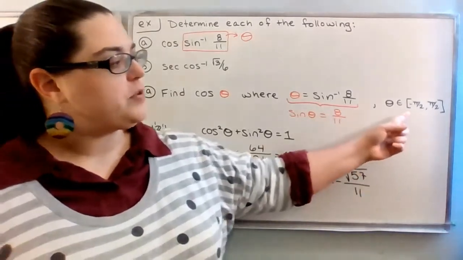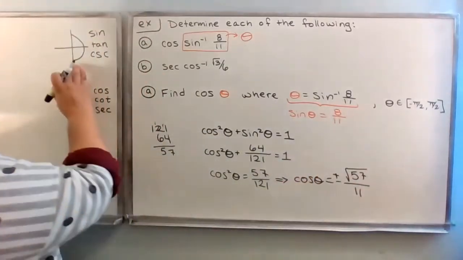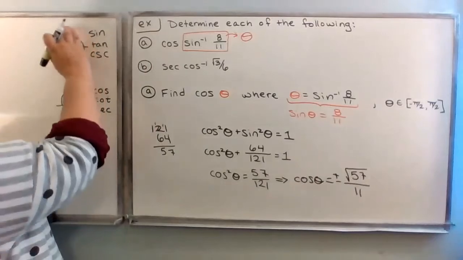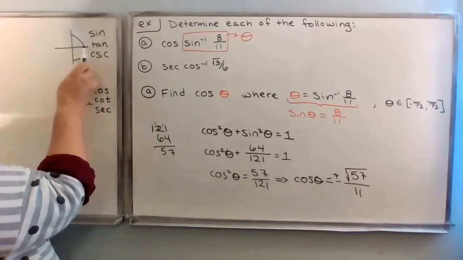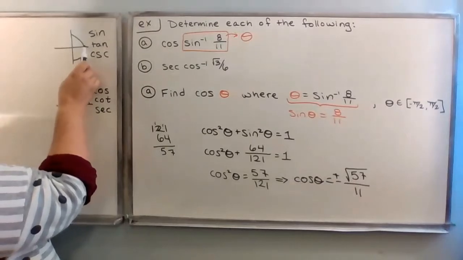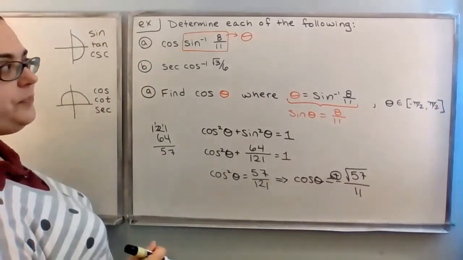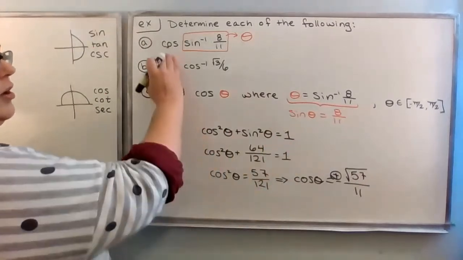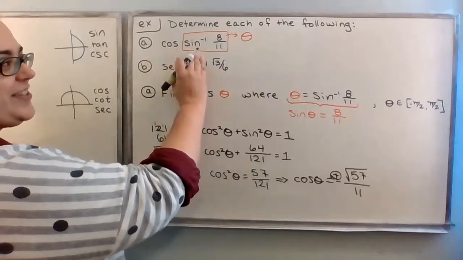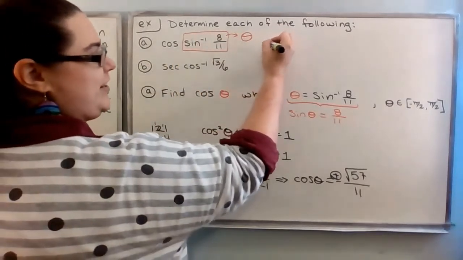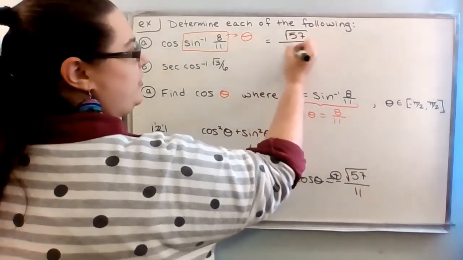Theta lives between negative pi halves and pi halves. We're living in the east. So in the east, for cosine, the x value is positive. So because the x value is positive, we get a positive answer. So cosine of inverse sine of 8/11 is going to equal positive square root of 57 over 11.